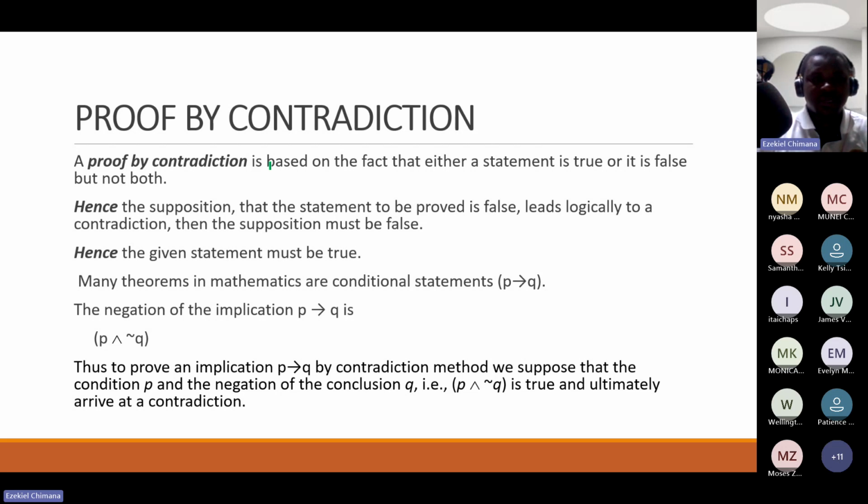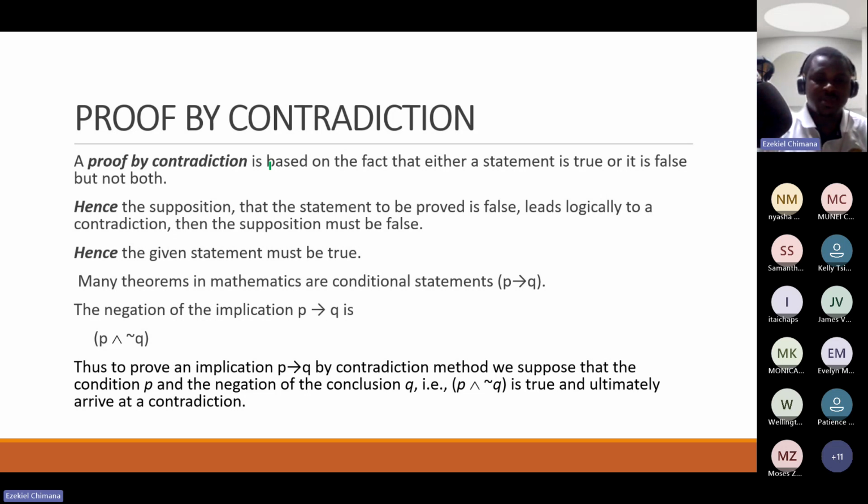Hence, the given statement must be true. If you say it is going to be false, it must lead to a contradiction if it is really true. That's how you know that this one is true.